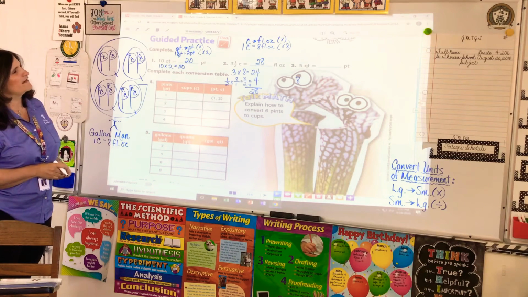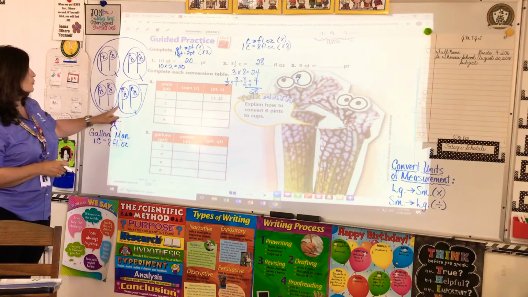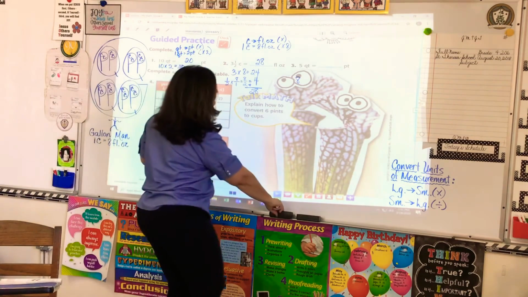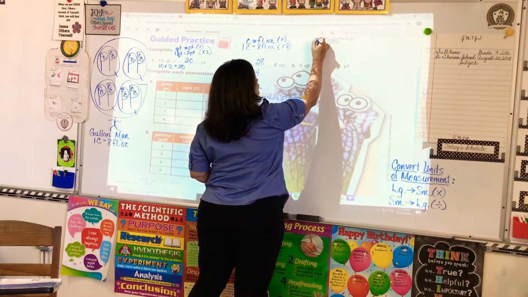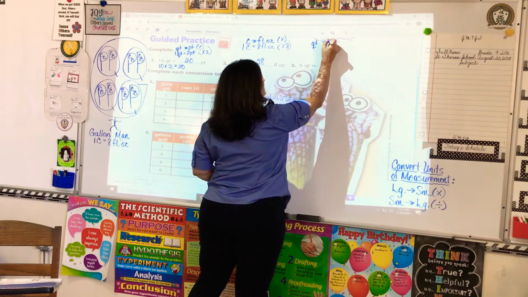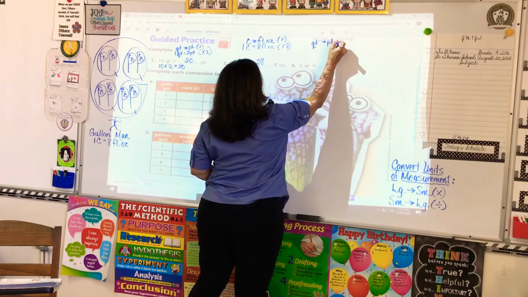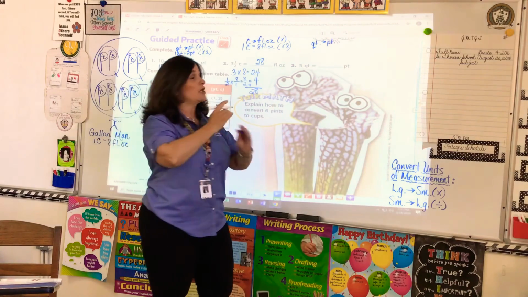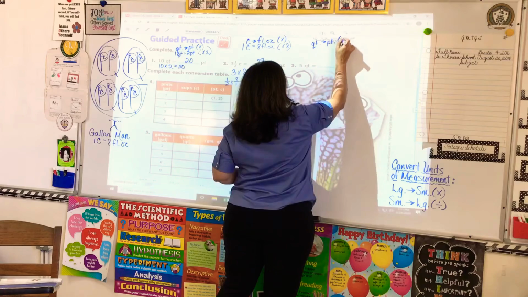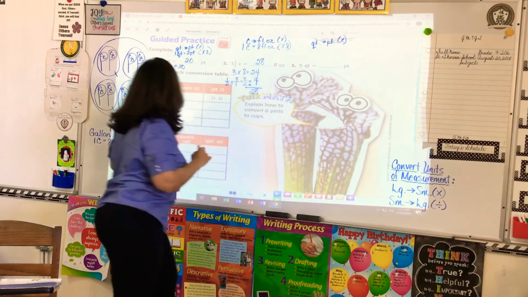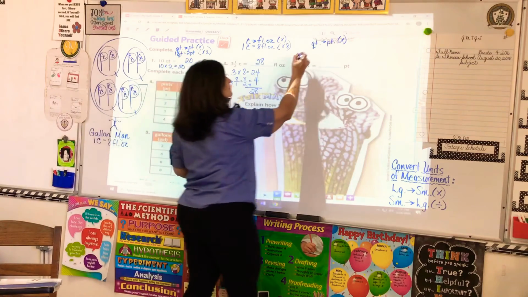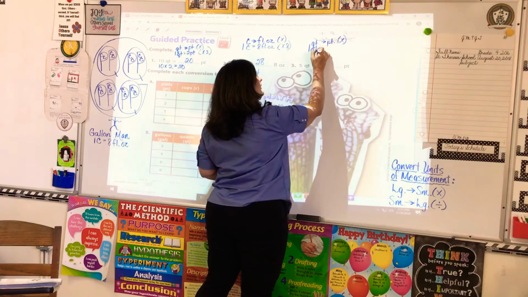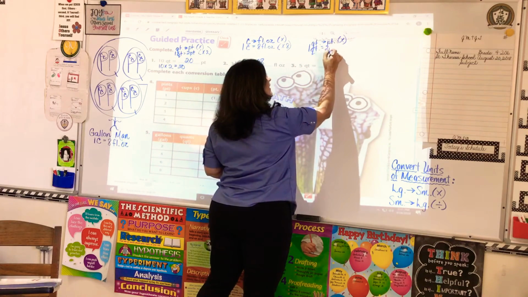We now have 5 quarts and we're going to put it in pints. Quarts and pints. Once again, quarts are larger, so we're going from quarts to pints. What do we know about quarts and pints? First of all, larger to smaller, we're going to multiply. 1 quart equals 2 pints.